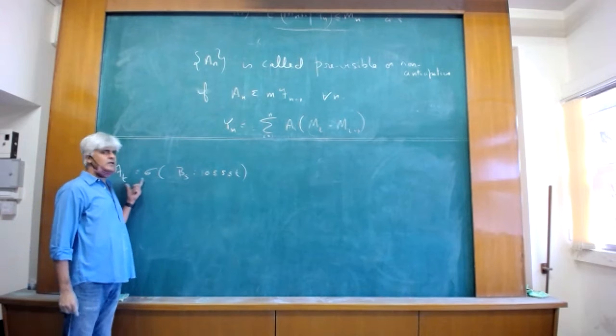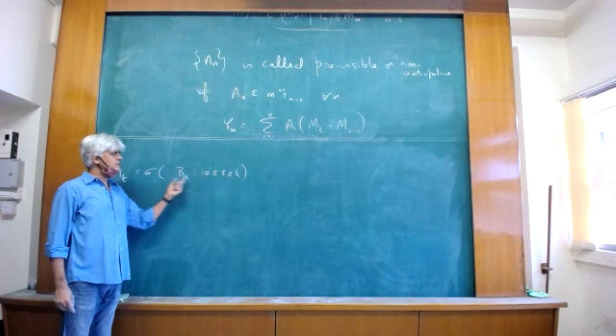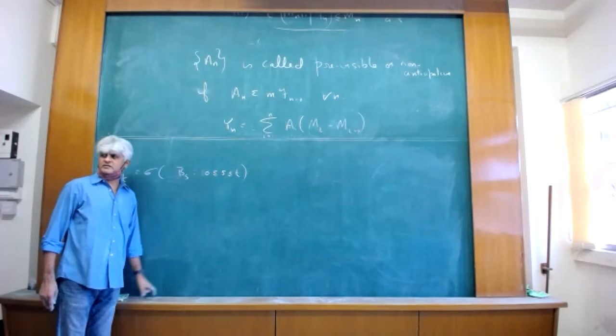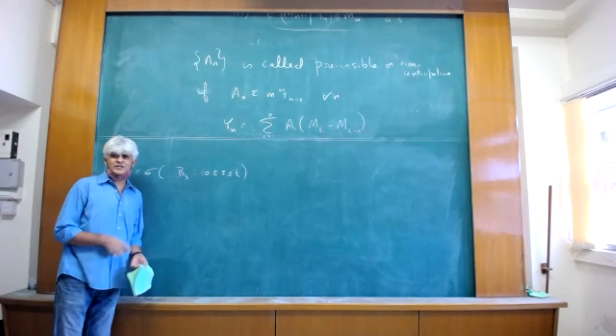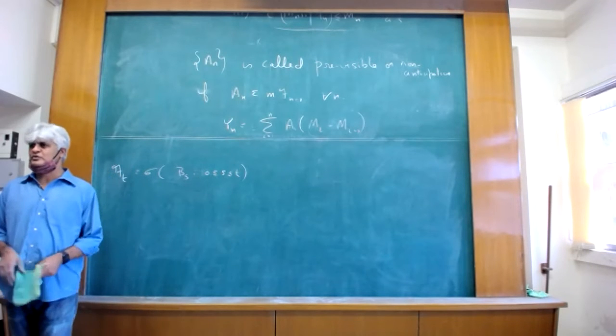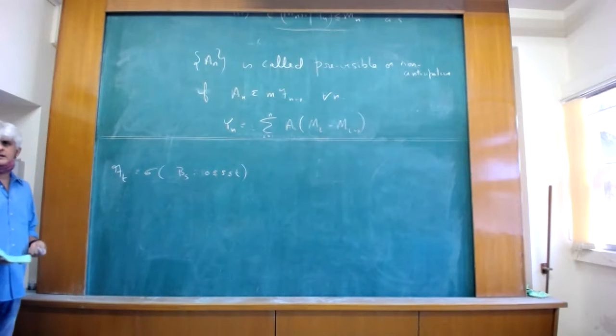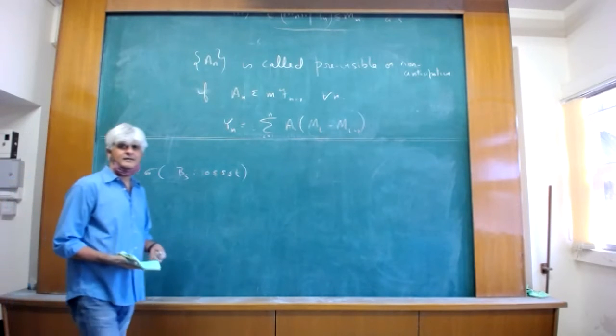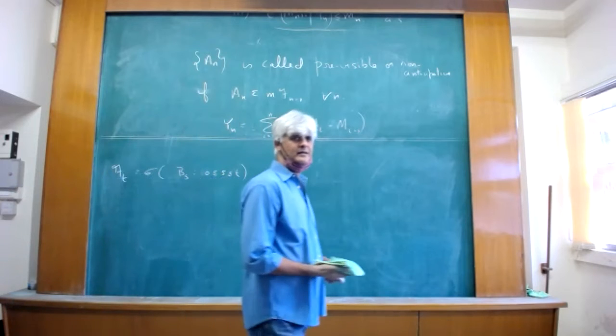That's the smallest sigma algebra which makes the first t variables of Brownian motion measurable. It's a very natural thing. You can't avoid it. When you do Brownian motion, you have to learn this. That's the basic one. That's the starting point.